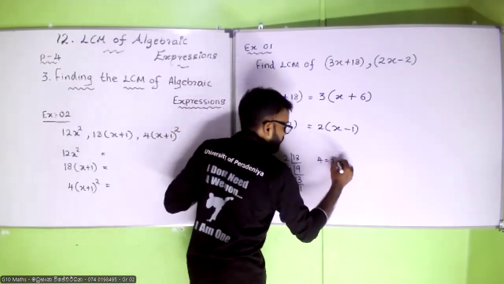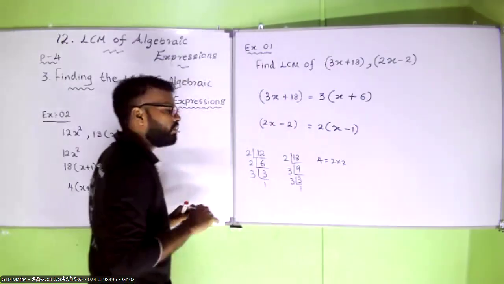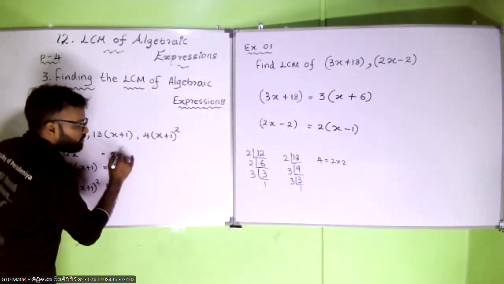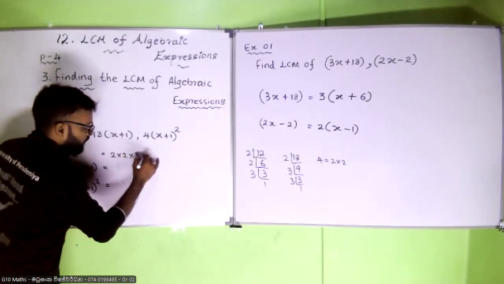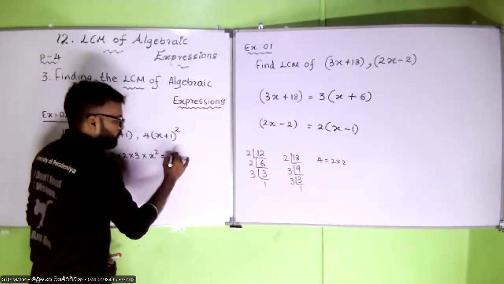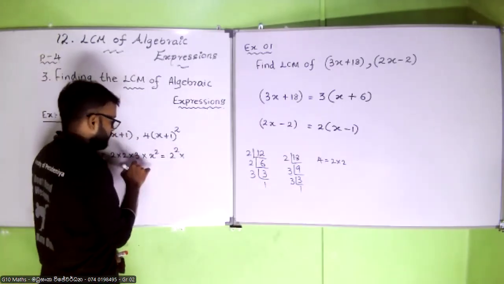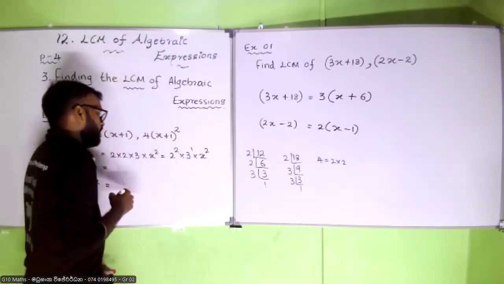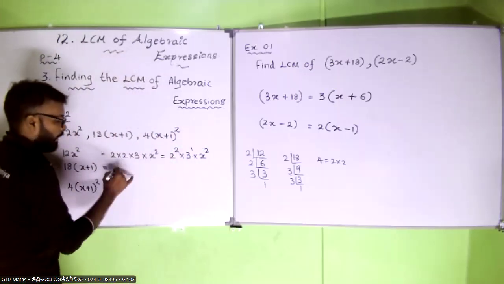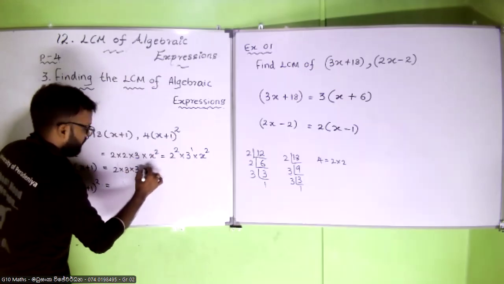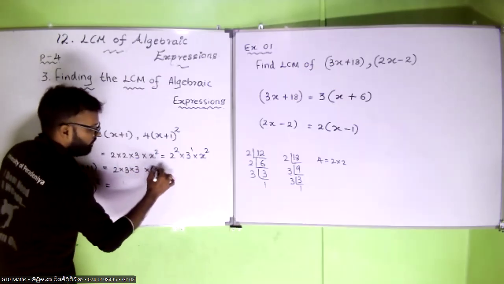You know that 4 is 2 times 2, no need to worry. 12 is 2 times 2 times 3, times x to the power 2. So you can write 2 to the power 2 times 3 to the power 1 times x to the power 2. 18 is 2 times 3 times 3, times x plus 1.